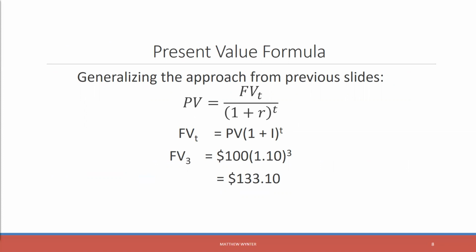Our present value equals our future value discounted back according to the time periods that it's in. So if we plug in our numbers for our example of future value at time 3, given the present value of 100, and a discount rate, a rate of return of 10%, over 3 periods, it's going to compound to 133.10.